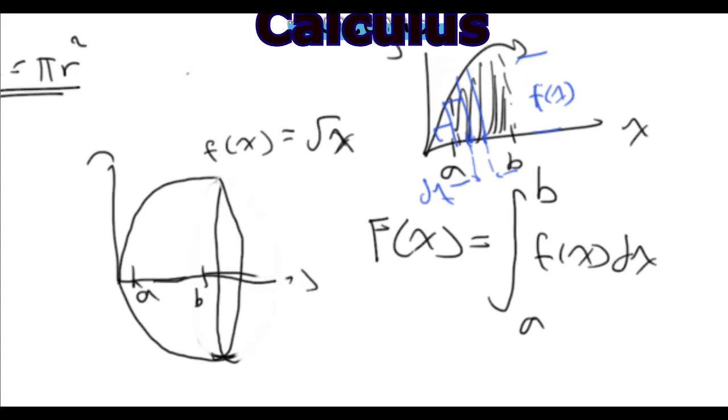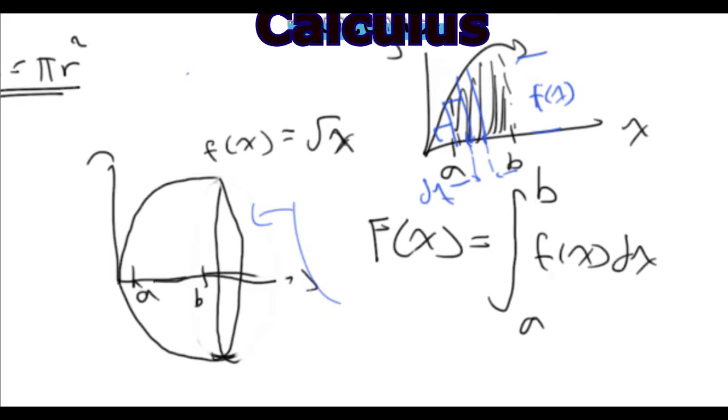That's basically what definite integrals are made of: very precise small rectangles fitted in this graph under the curve. So in terms of finding the volume, we are going to use a method called the disk or washer method.